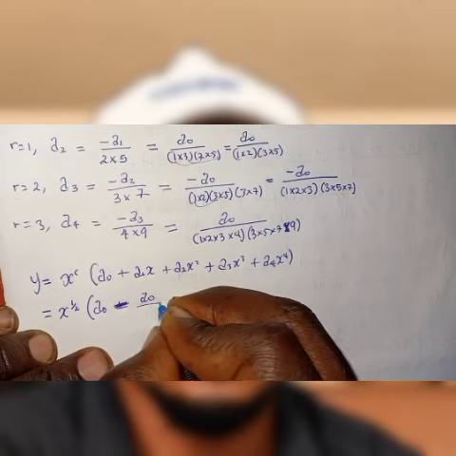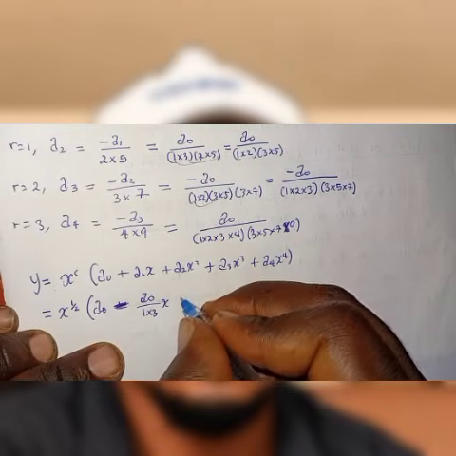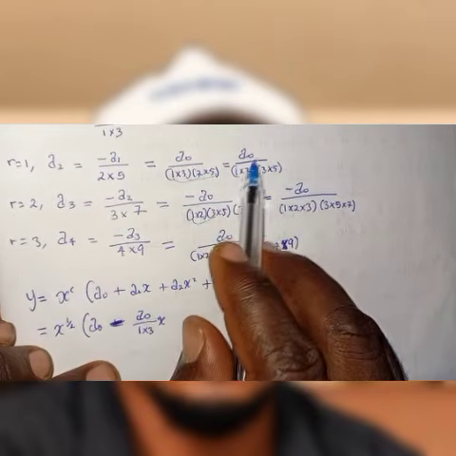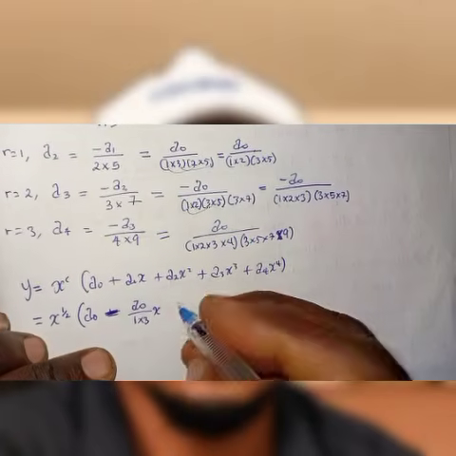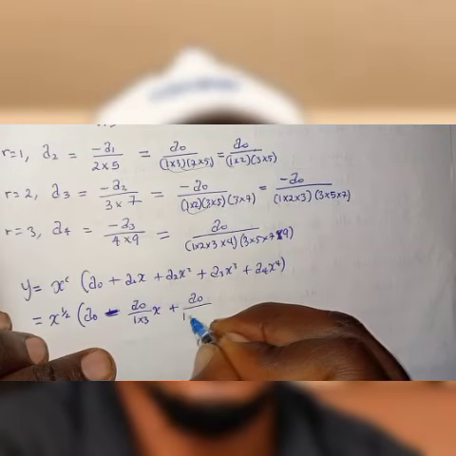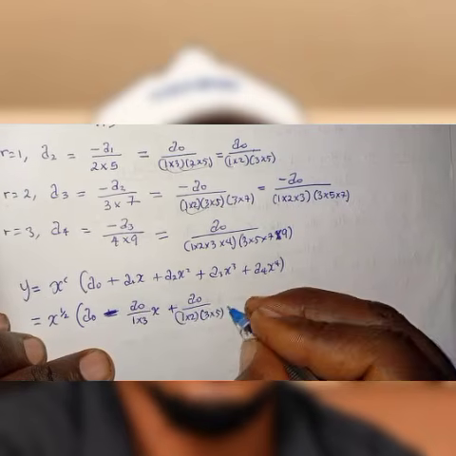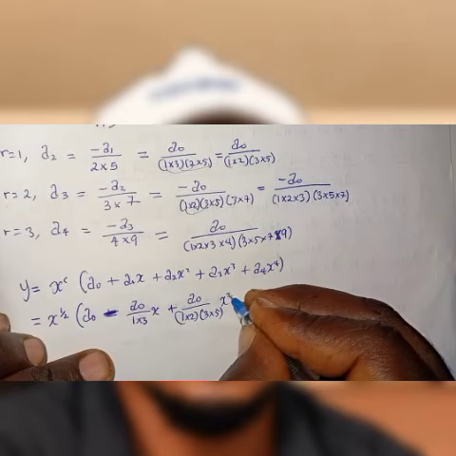a naught over 1 times 3x. Now a2, this is a2, is positive, so that's plus a naught over 1 times 2, 3 times 5 x squared.